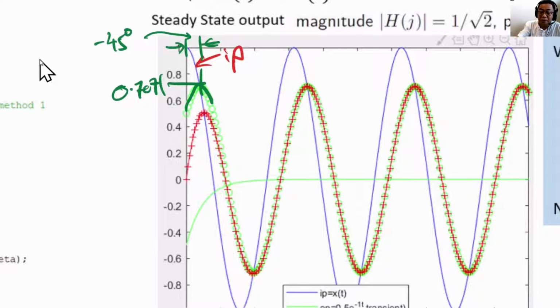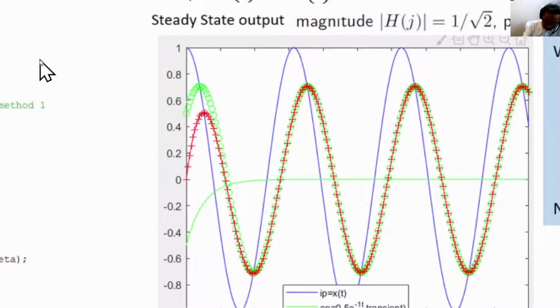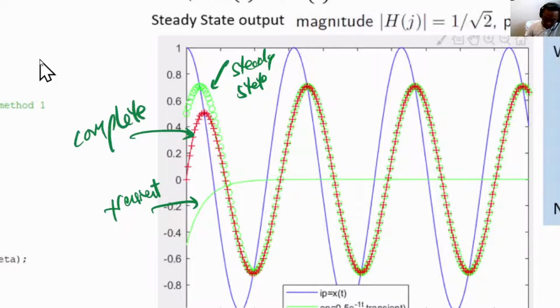The green bubble here shows the steady state. Remember that the steady state plus the transient gives you the complete solution, which is the red guy. You'll see that the red is moving like this, and at this point it's almost the same as the green, meaning the red guy has already reached steady state. It keeps on going forever as long as the input is driving it.